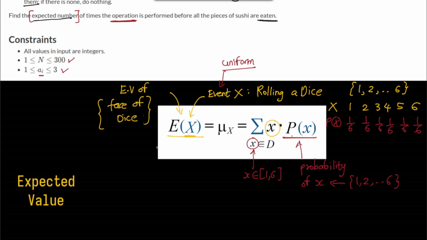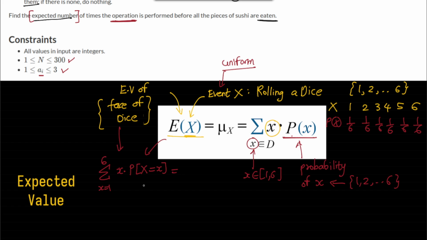And following this formula, we will have the expected value of the face of the die as sigma, where x will take values from 1 to 6, of the value times the probability that it is x in that event.